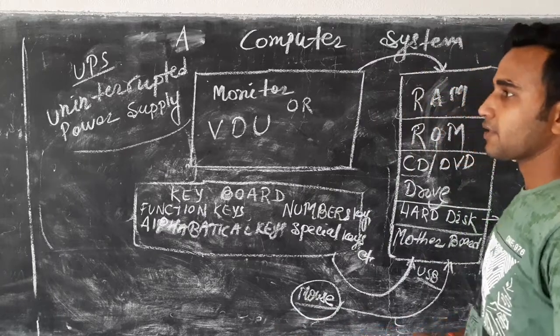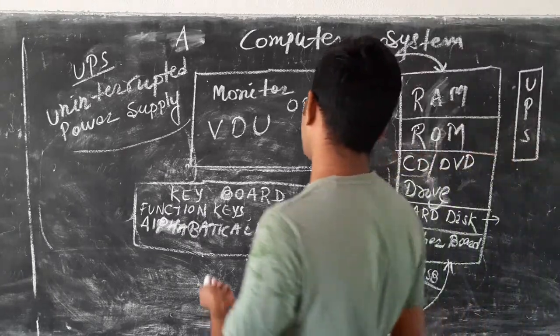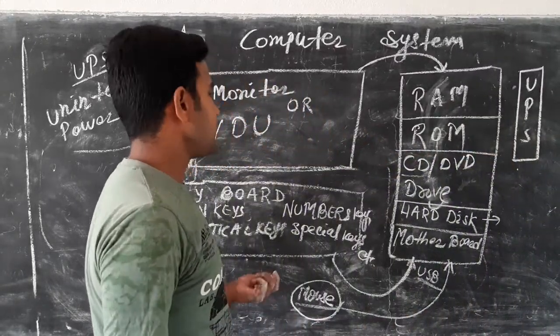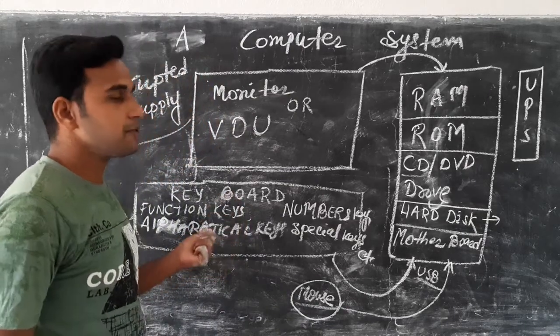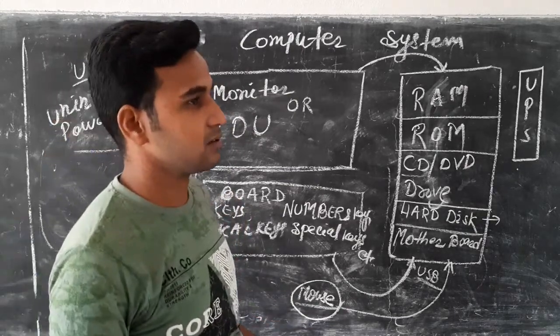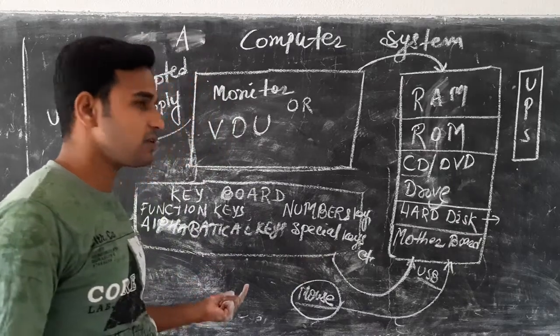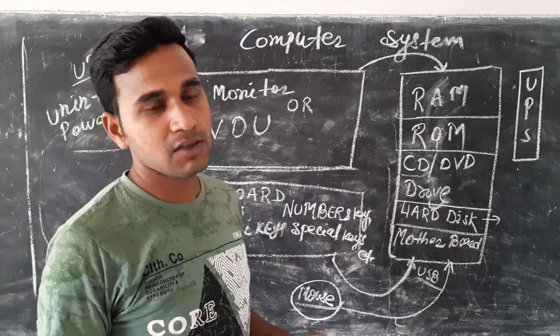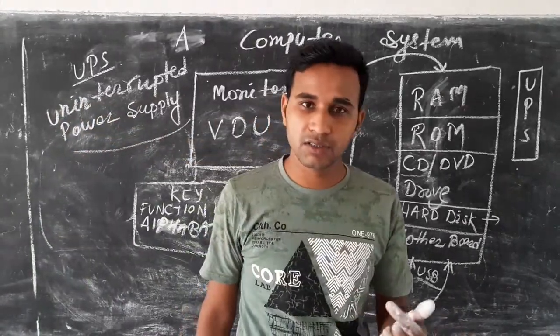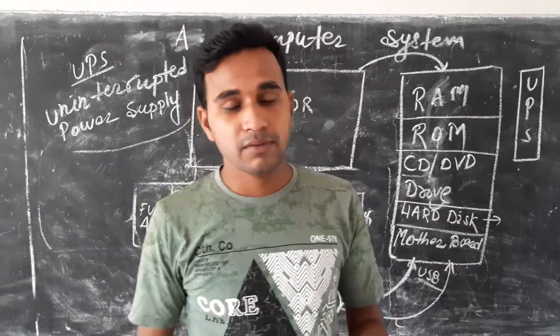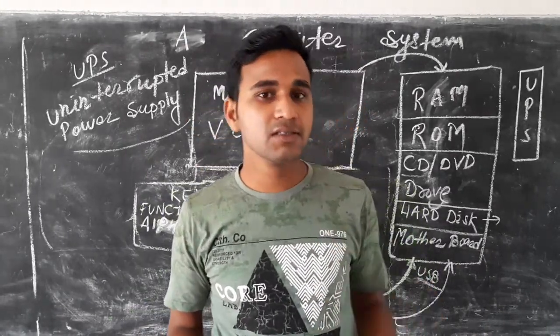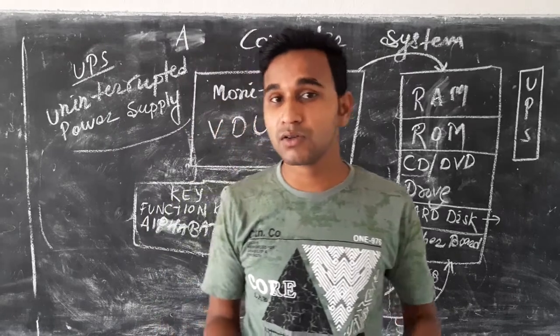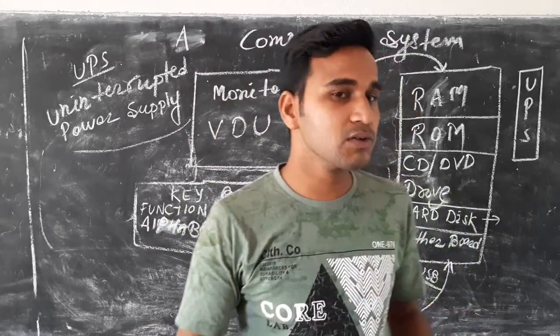It has a small battery to store energy. When electricity suddenly goes off, our computer system will be switched off directly. This is harmful for the computer system and can delete many files and folders and crash Windows and software also.